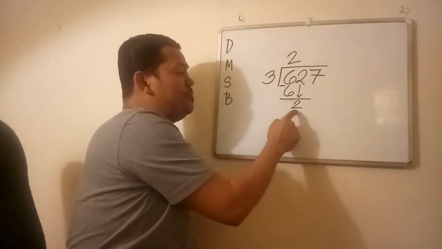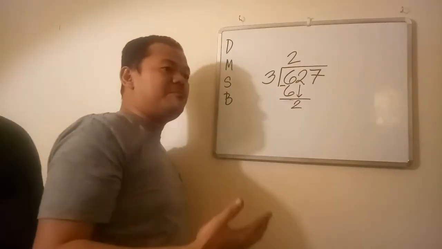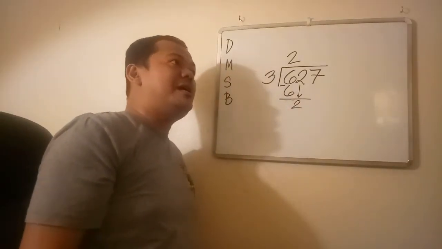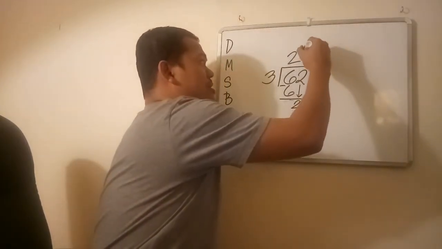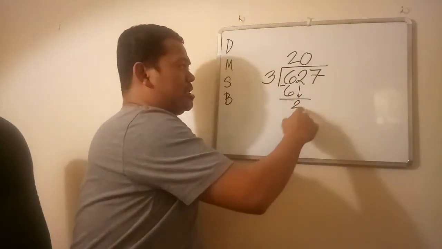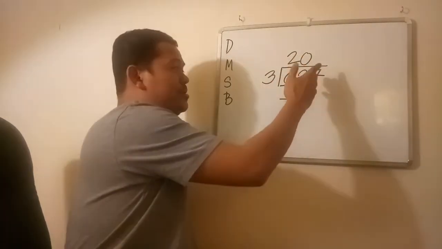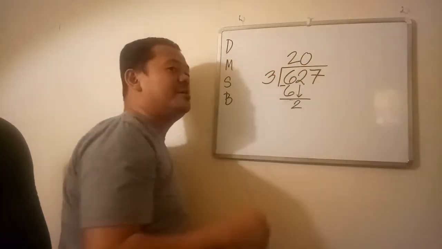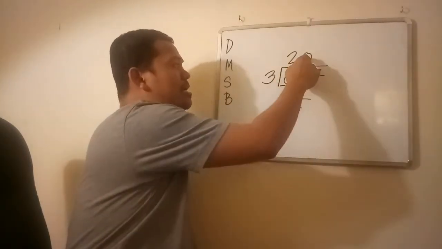No, because 2 is smaller than 3. If it can't be divided, we write 0 here. Are we going to put this as a remainder? No, because there's another number there, the 7. So 2 divided by 3 is equal to 0.